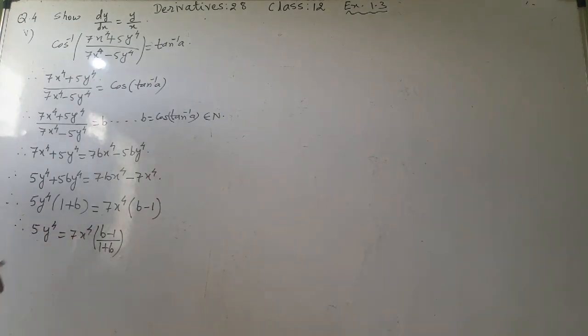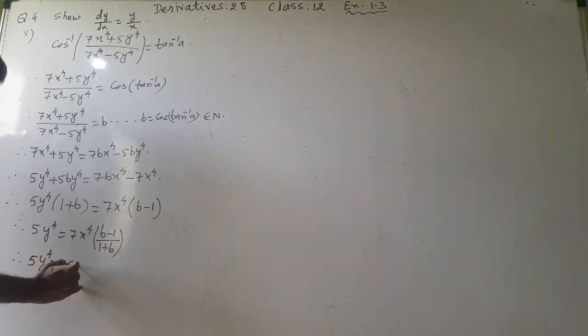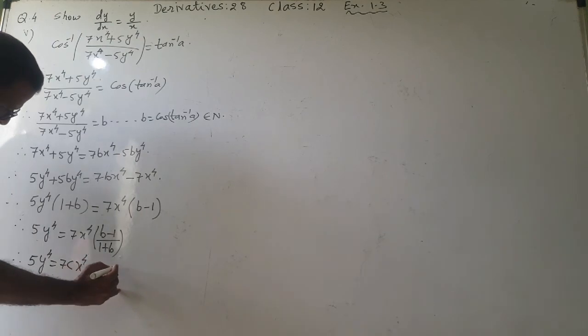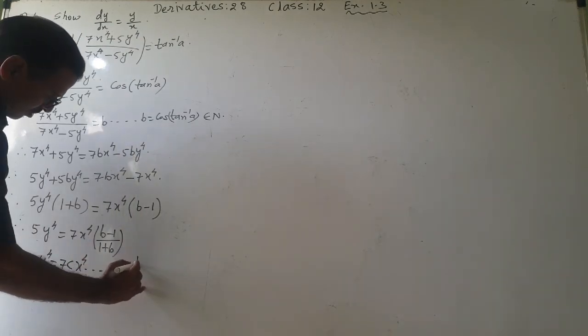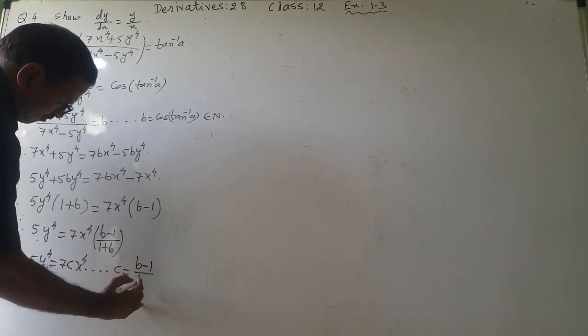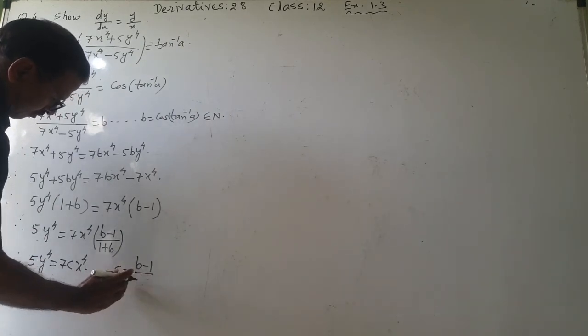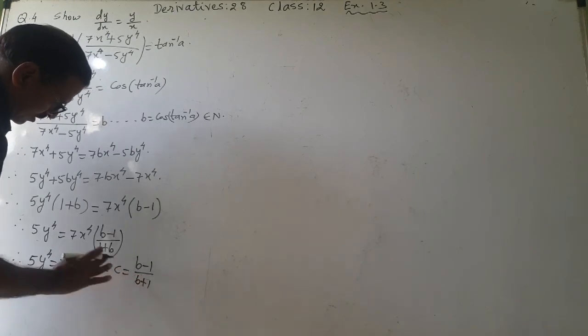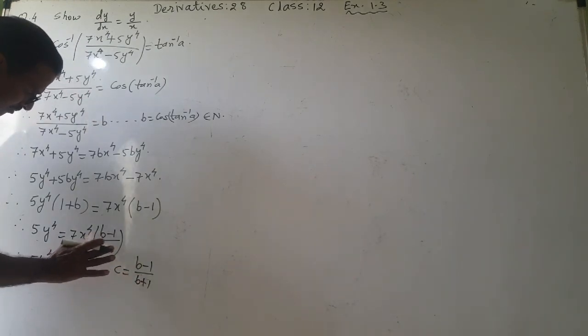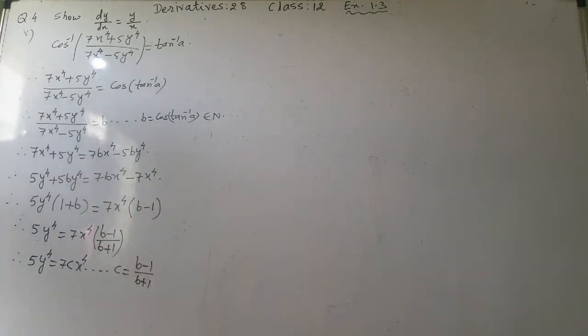This much part is again constant. So for this I will put as c. Therefore 5y raised to 4 is equal to 7 c x raised to 4. What is c? C is equal to b minus 1 upon 1 plus b, or b plus 1 I will write. B plus 1, looks better, that's why. Okay.